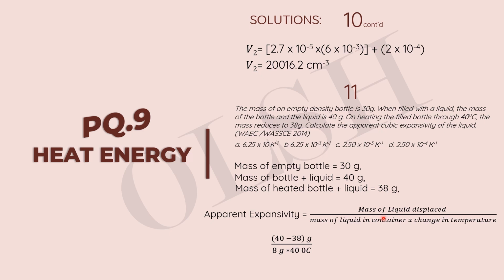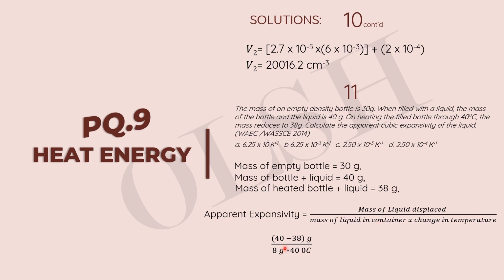So we just bring in our values here. Mass of liquid displaced is obviously 40 grams minus 38 grams, because this is the mass of bottle plus liquid for the 40 grams and the mass of heated bottle plus liquid for the 38 grams. So for this to be the case, mass was lost. To get the mass of liquid displaced, we subtract 38 from 40 and divide by the mass of liquid in container, which is 8 grams.